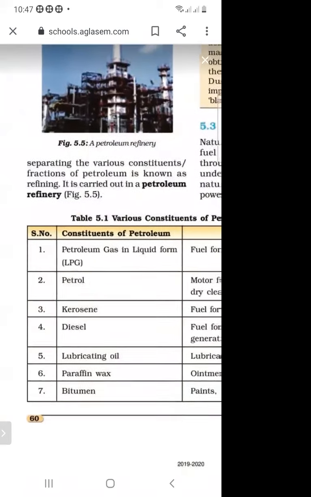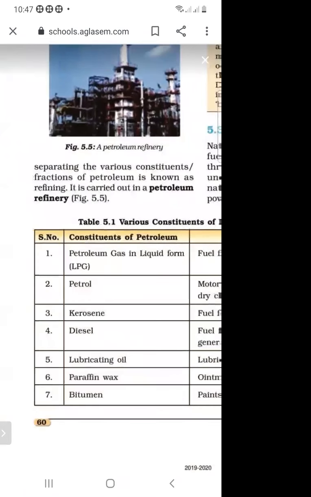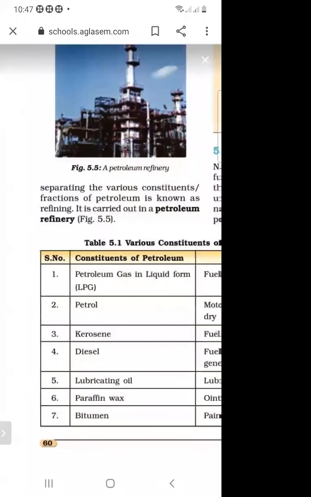If we separate the different components of petroleum, just like petroleum gas, diesel, paraffin wax, then this is called refining.